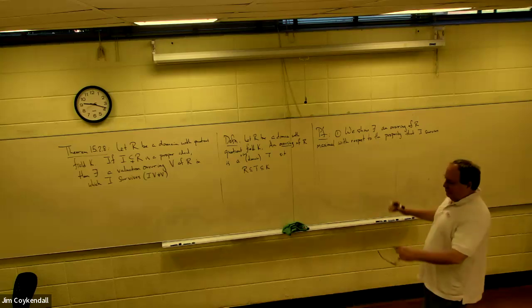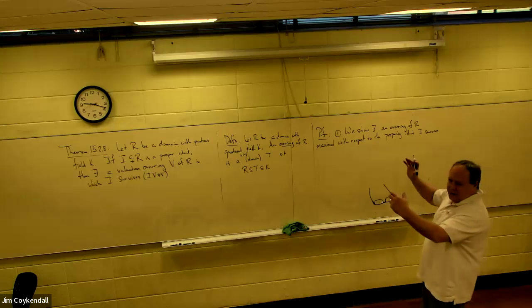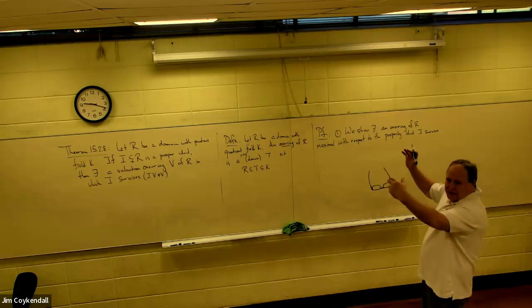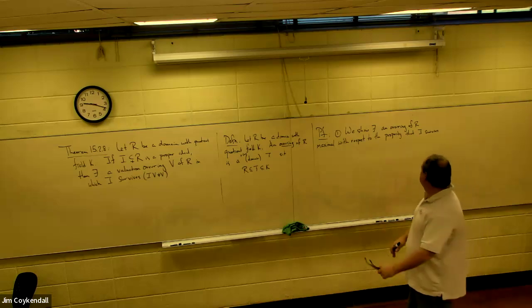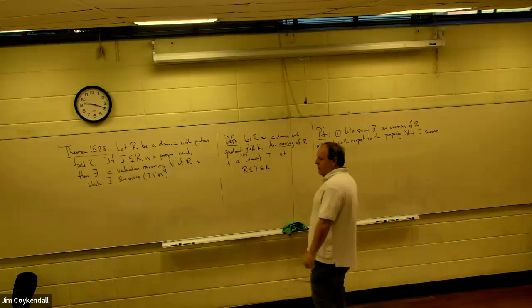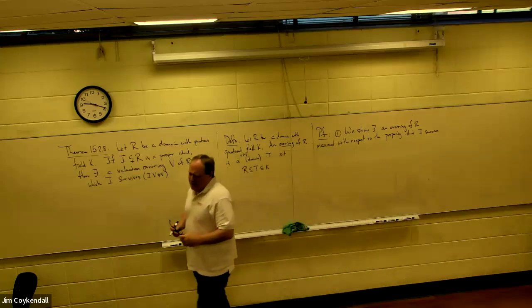So what that'll mean is there's this big ring in which I is still a proper ideal. In any ring that contains that, I blows up. Okay, so this sounds like a job for Zorn, and it is.